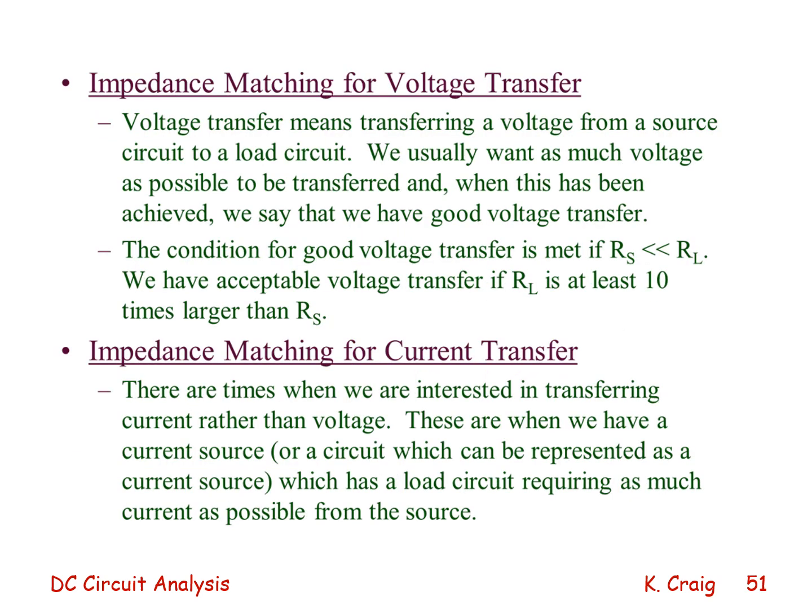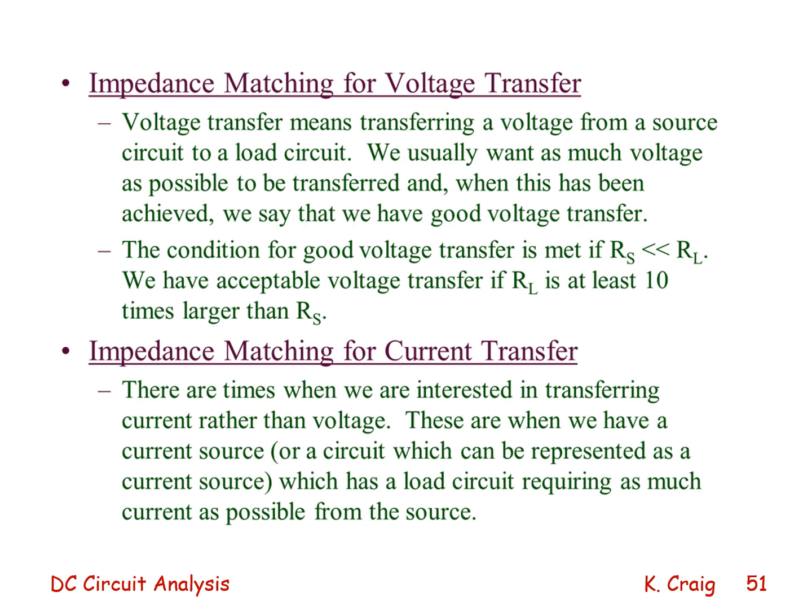Impedance matching for voltage transfer. Voltage transfer means transferring a voltage from a source circuit to a load circuit. We usually want as much voltage as possible to be transferred, and when this has been achieved, we say that we have good voltage transfer.